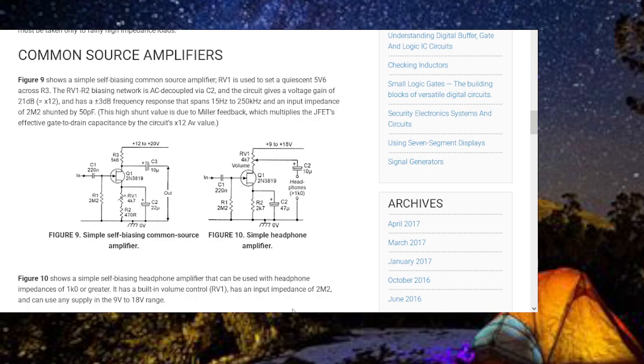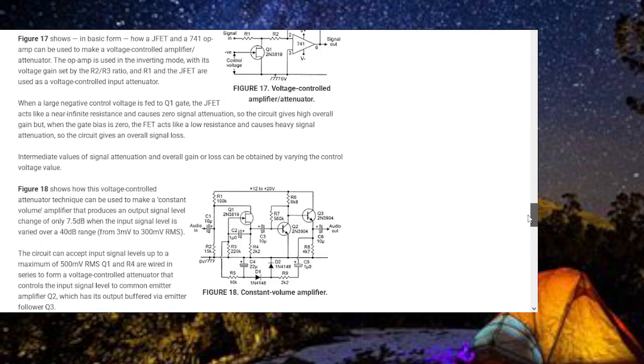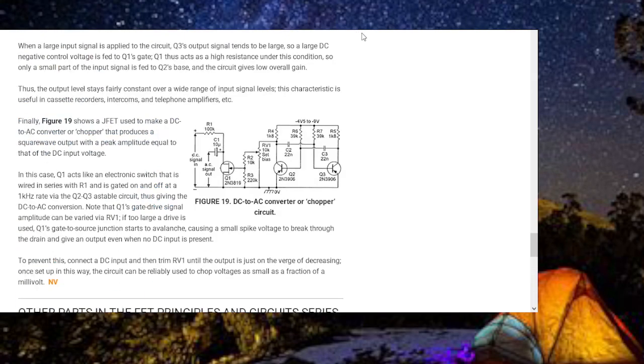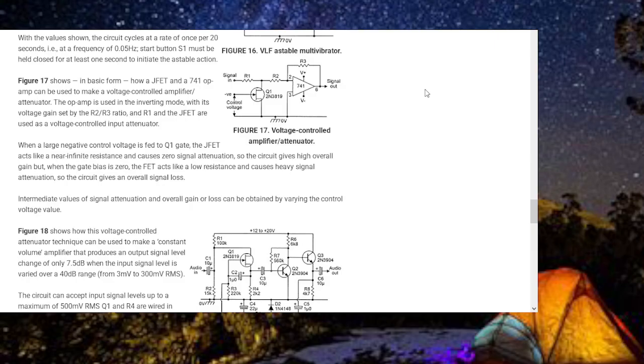Did I save this? I did. Field Effect Transistor Basics 104. Have I seen this web page before, I wonder? Way back in the day. Signal output, signal input. What is this here? Did I save this?